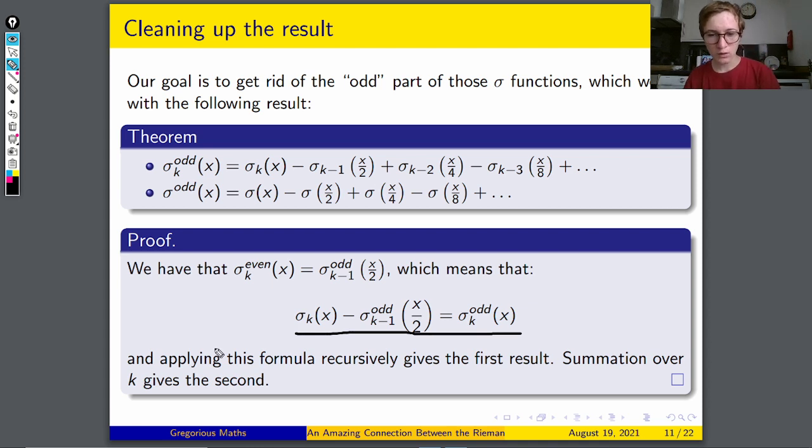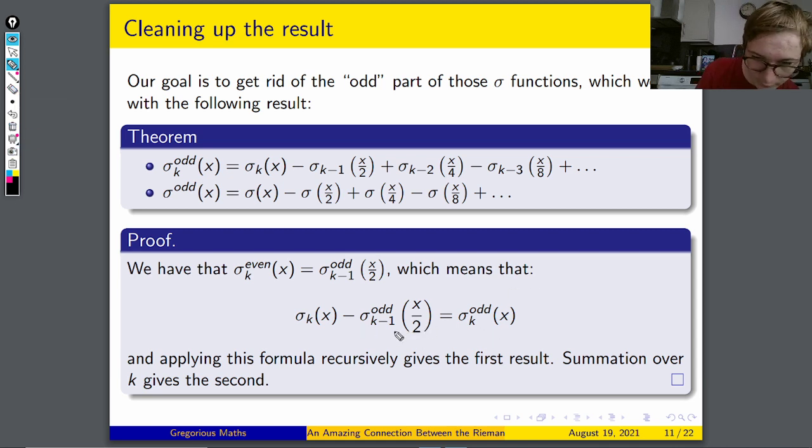Now, what is good about this is that this is a form for sigma k odd. So, of course, it's obviously also a form for sigma k minus 1 odd.